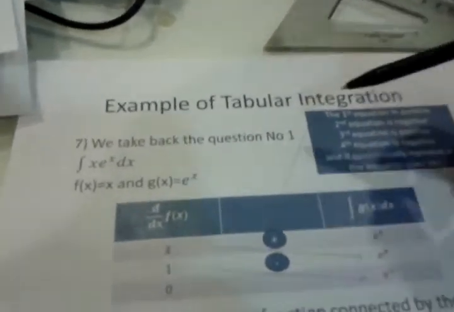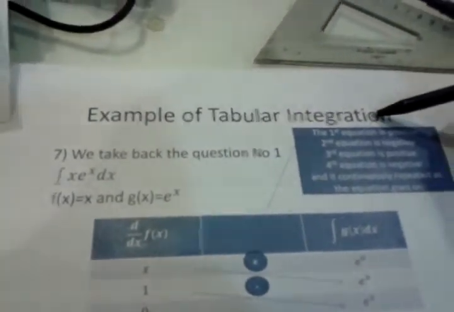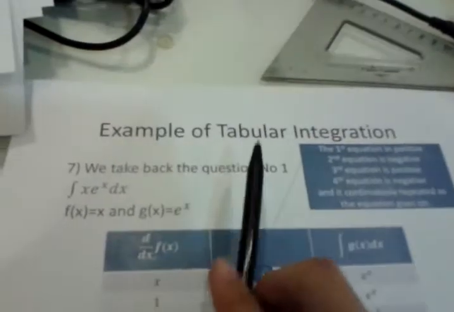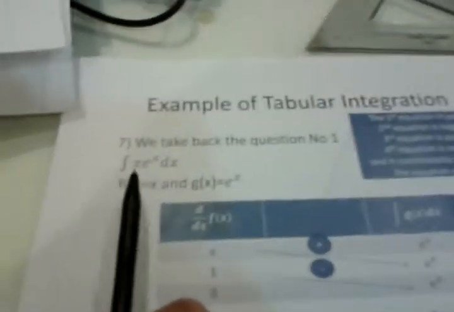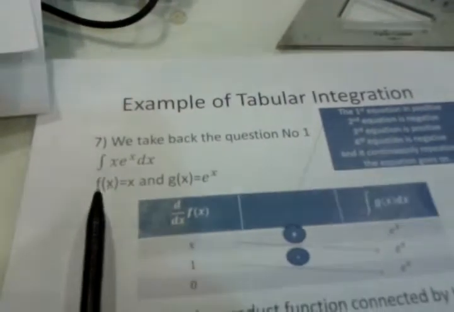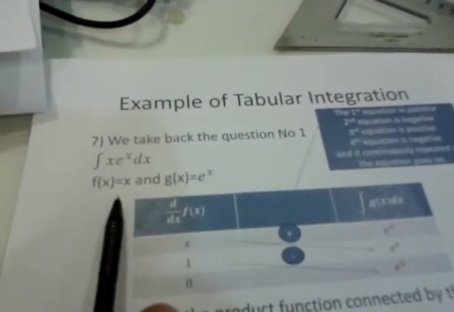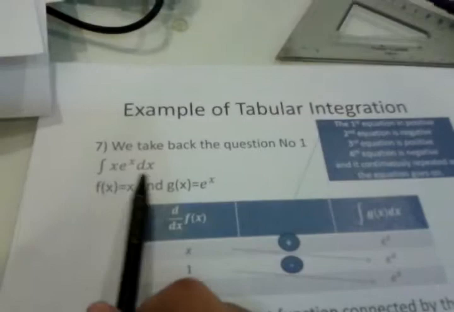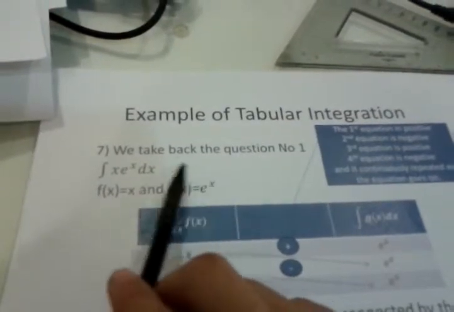So, an example of tabular integration. We take back question number 1, integrate x e to the power of x dx. So we will let f(x) equal to x and g(x) equal to e to the power of x.